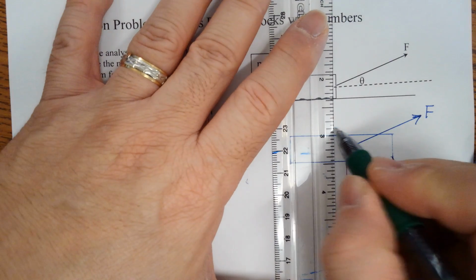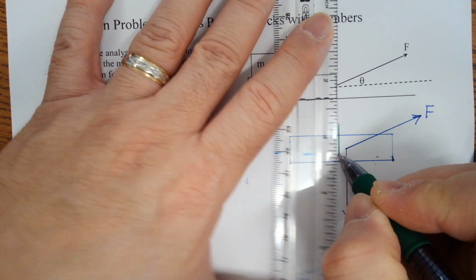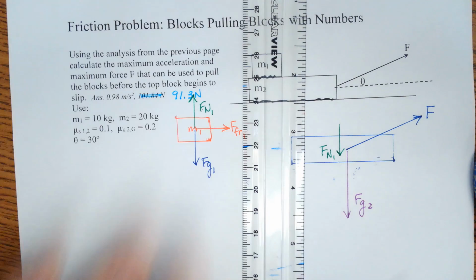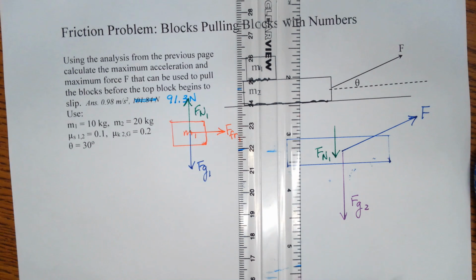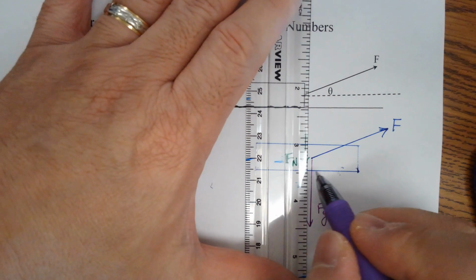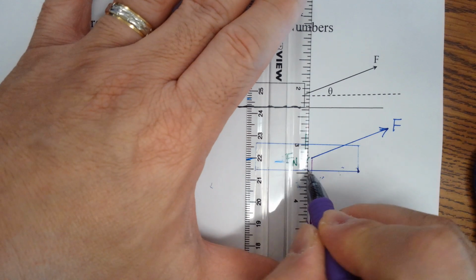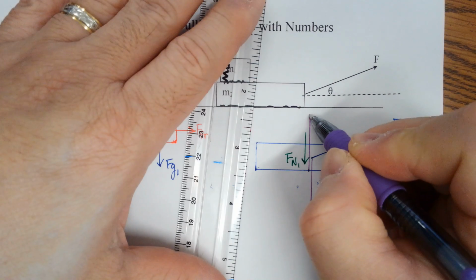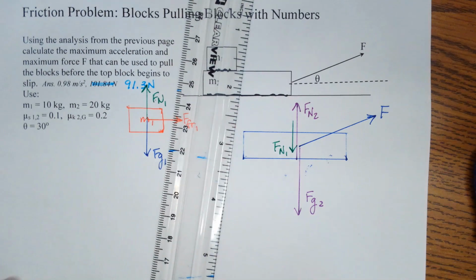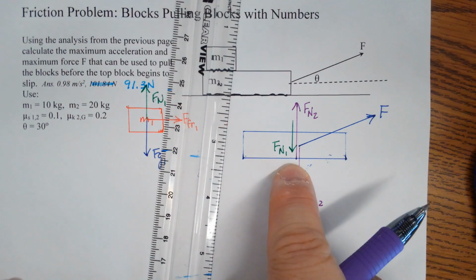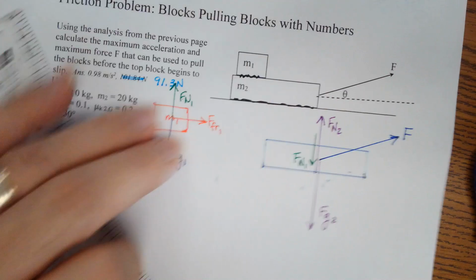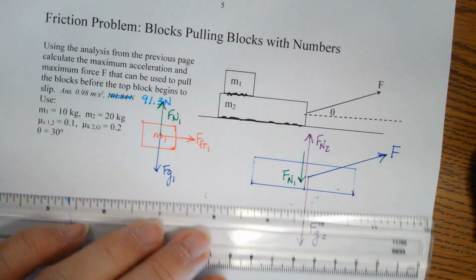So F normal 1 pushing down on it, okay? And I'm going to have F normal 2 going up from the surface there. And I will have two frictions.